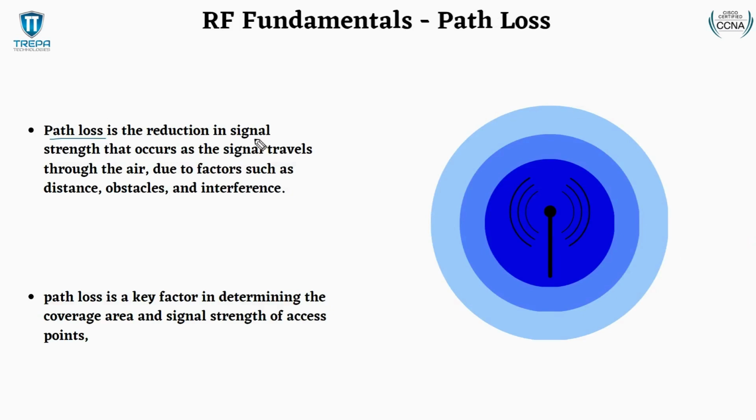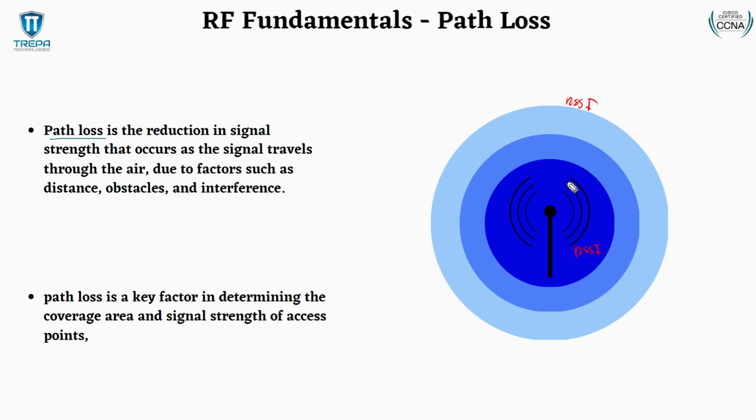So path loss. This is going to be the reduction in signal strength that occurs naturally. So essentially that means we put an access point in an empty room, and this room, let's say, is 1,500 square feet, big room. And from end to end, we can see how its RSSI gets weaker at the wall. And then towards the middle of the room, the RSSI gets stronger.